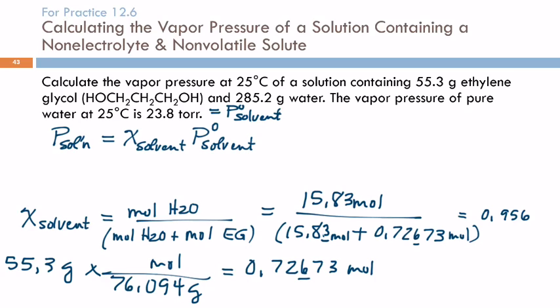This one has 3 decimal places, so the sum is going to end up with 2 decimal places. We can tell it's going to be greater than 15, so that's 4 significant figures on the bottom and 4 on the top. So it should be 0.9560. And that has no units.